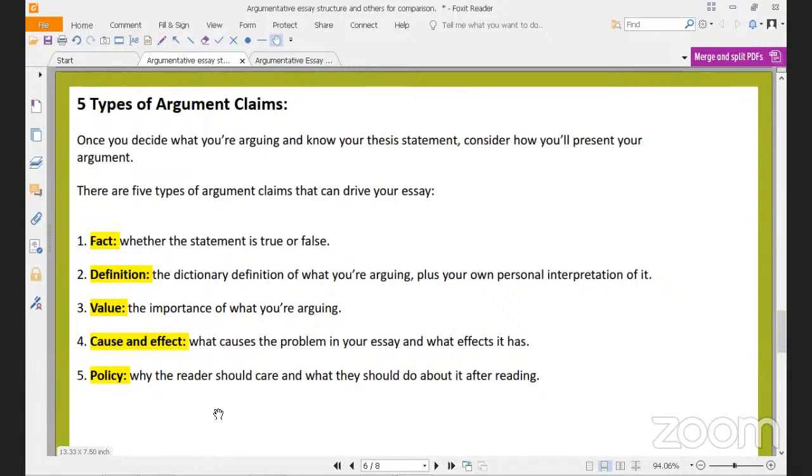Yes, we know we have to persuade, but okay, we need more information than just persuade, right? That's why in this case, we have the main 5 types of arguments and claims that we can use to persuade our audience. Okay, and we have these 5. And I need someone to help me read. Writer, can you help me?